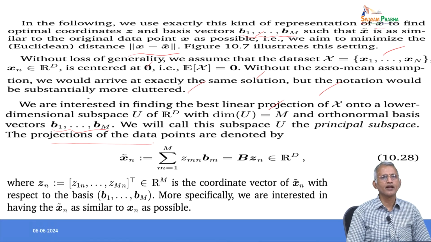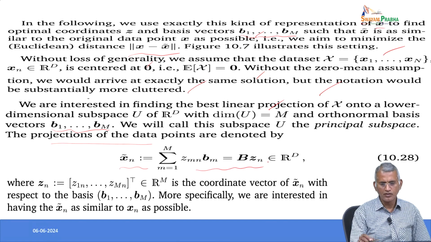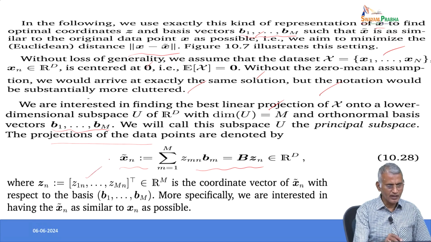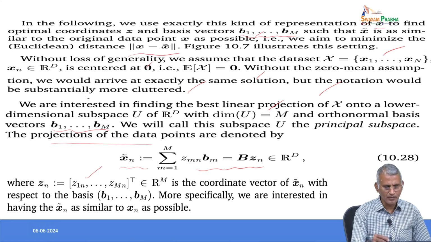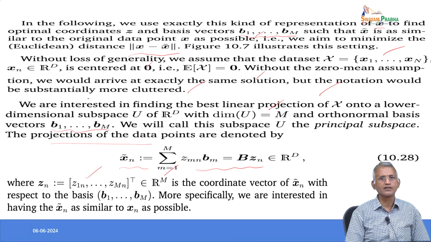Therefore, the projections of the data points are denoted by xn tilde equal to summation of zmn into bm, which is equal to B into zn belonging to R power D, where zn equal to z1n to zMn transpose belonging to R power M is the coordinate vector of xn tilde with respect to the basis b1 to bM.